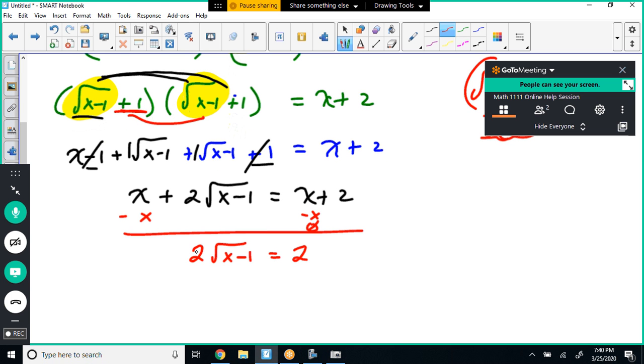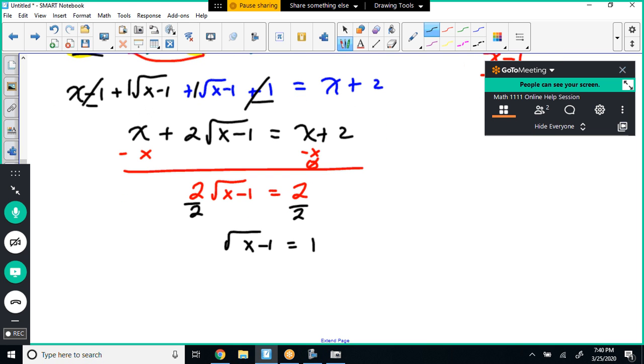Now, I haven't got that radical isolated yet because I have to divide by what? 2. So what that's going to leave me is this, because 2 divided by 2 is 1.